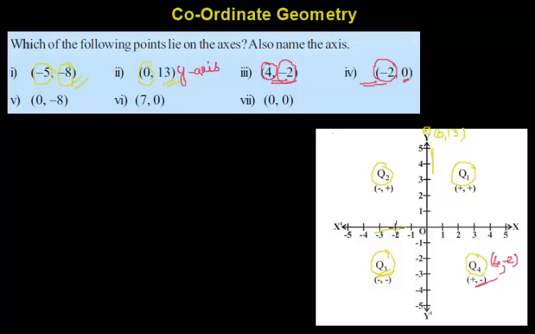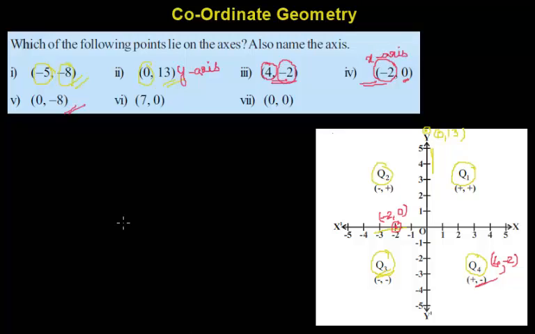So, the abscissa is being marked here and the ordinate is 0. That means it is 0 units away from x-axis. Therefore, the point comes here, which is -2, 0. So, this point lies on x-axis. Now, let us write it as x-axis here.